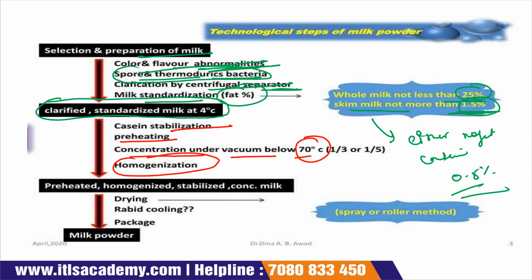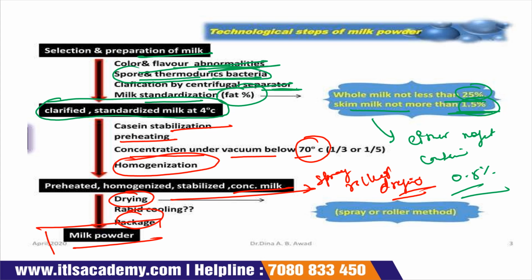Then homogenization. The preheated, homogenized and stabilized concentrated milk goes for drying, which is done either by spray drying or by roller drying. These two methods are used for drying the milk. Then rapid cooling is done, and then it is packed, and from milk we get milk powder.